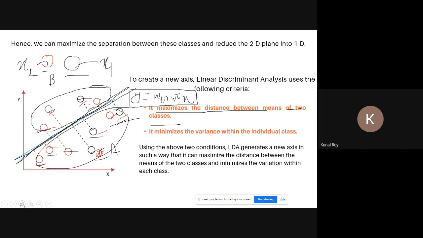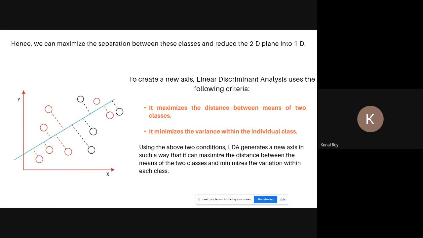Now as we know, these dotted lines are the distance of that data point from the center of mass. This is the center of mass, that's why a function is generated. So we will calculate the distance of each and every data point for classifying into two categories. So what it will do is maximize the distance between the means of two classes.